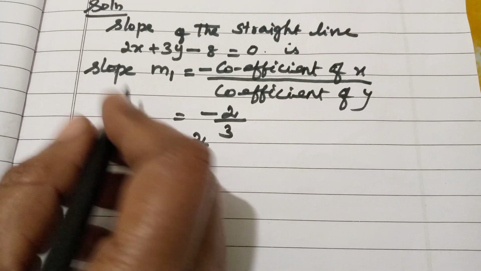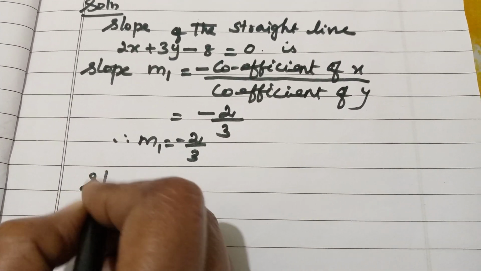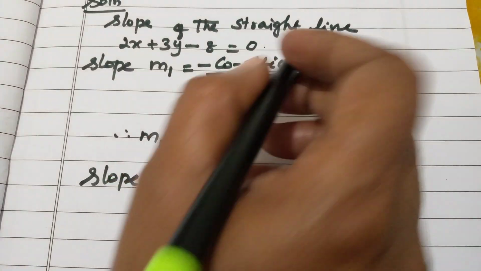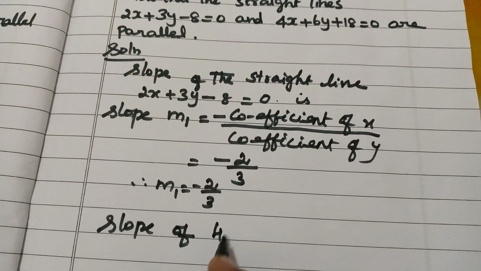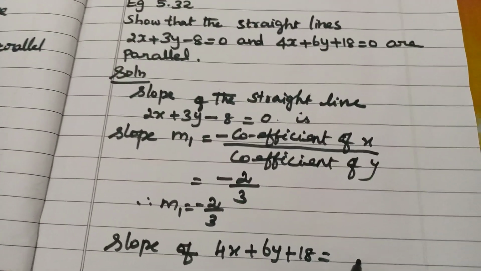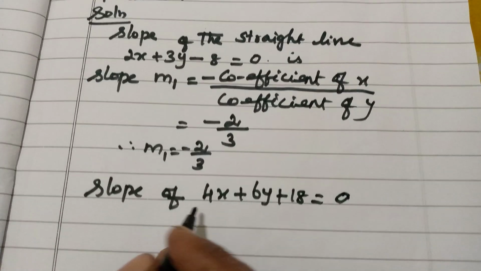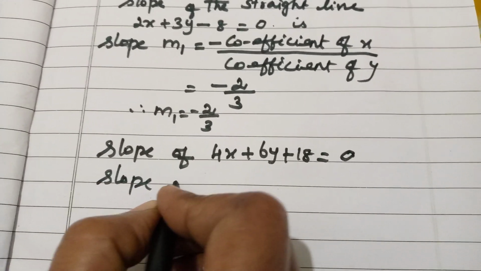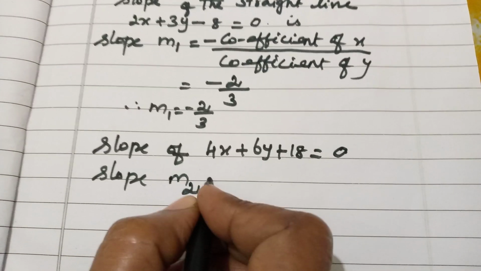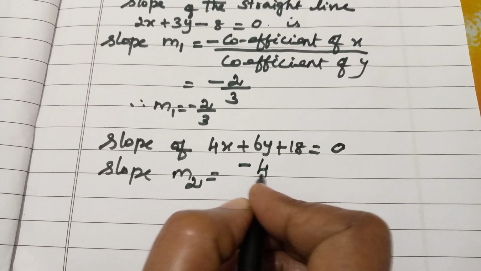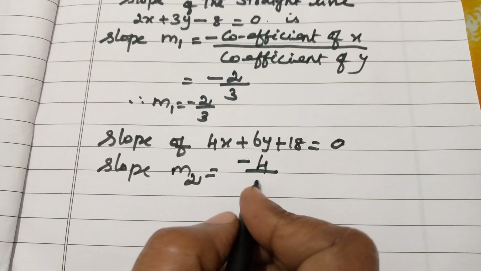Next is the slope of the next line. What is the next equation? 4x plus 6y plus 18 equal to 0. Slope m2 is equal to minus coefficient of x, that is minus 4 by coefficient of y, which is 6.